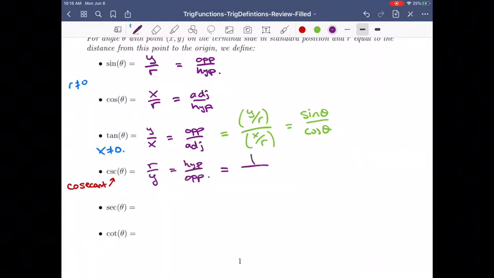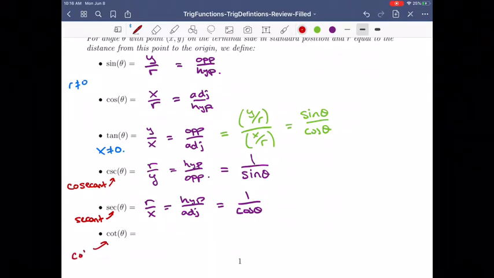But actually it's 1 over sine theta. So that's what you want to remember. Secant: sec is r over x, so the hypotenuse over the adjacent. This is actually 1 over cosine theta.